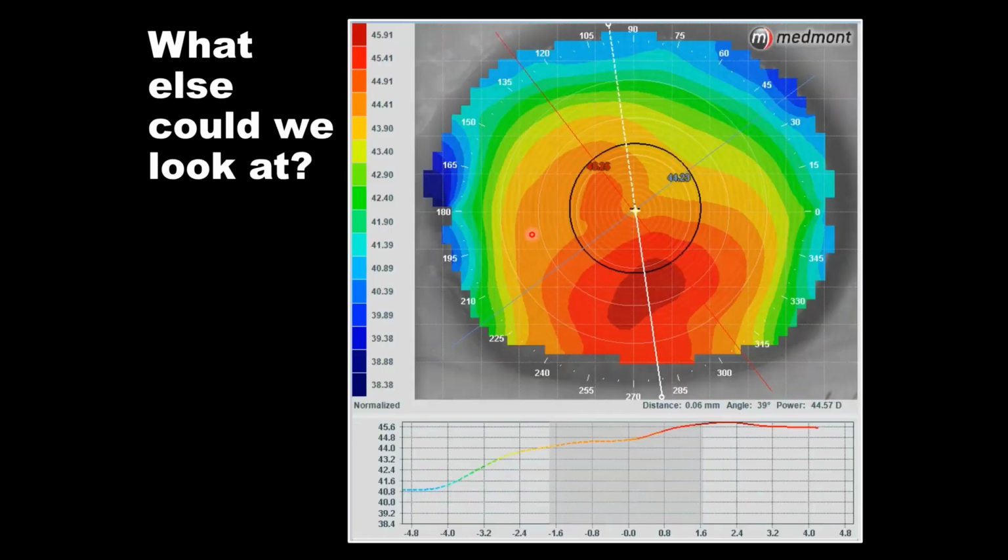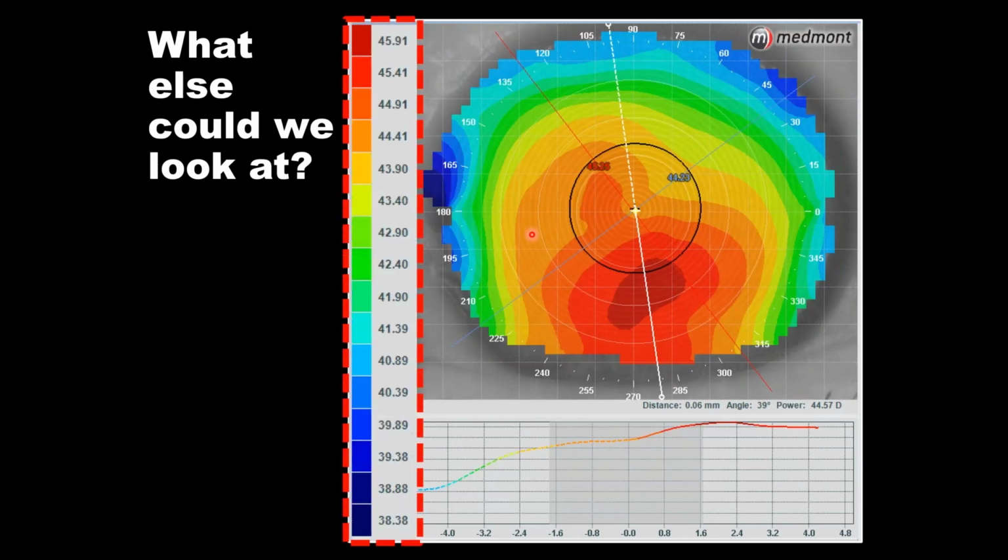What else could we look at that might steer us in the direction of a definitive answer? Well, let's look at the scale range. This is one of the more easy and efficient tools to determine if you're looking at an irregular cornea. What we're appreciating is the steepest curvature is at the top of the graph, the flattest curvature at the bottom of the scale here.